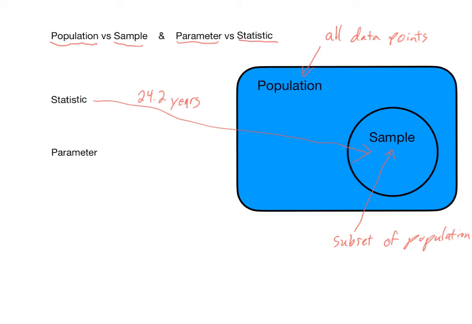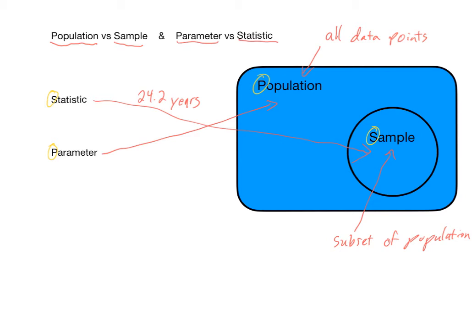The reason that 24.2 would be considered a statistic is because we did not survey all possible college students. If we had surveyed all possible college students, then we would know a parameter. So parameters are computations associated with populations, and statistics are computations associated with samples. And an easy way to quickly remember this is statistic goes with sample, S and S, and parameter goes with population.